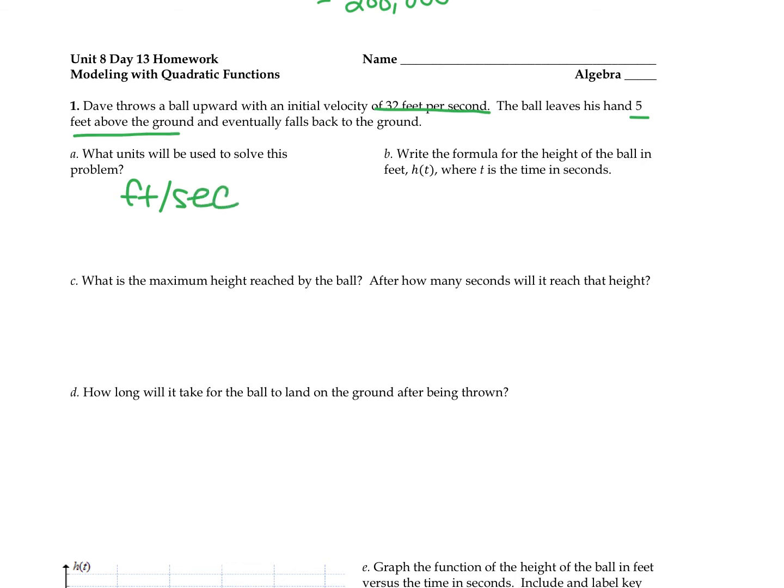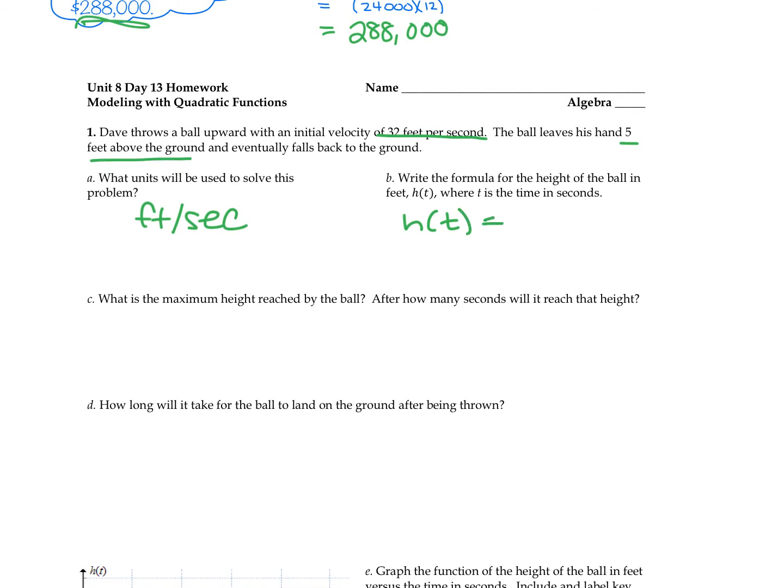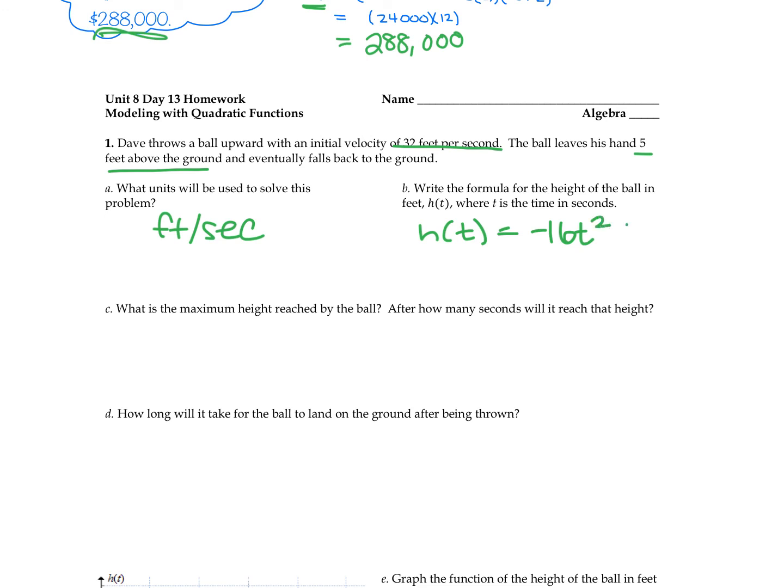Write the formula for the height of the ball, h of t, where t is time in seconds, where we will use that equation from our notes, where it is negative 16 t squared plus the starting point of the ball, which is 5 feet.